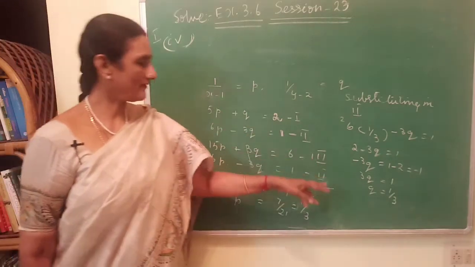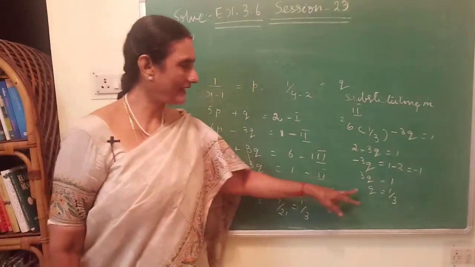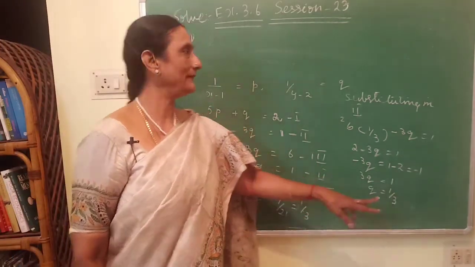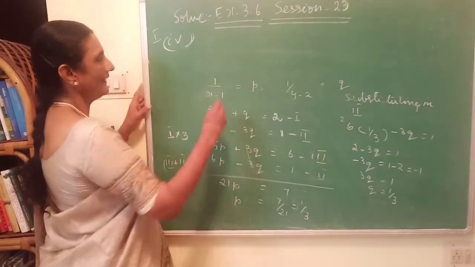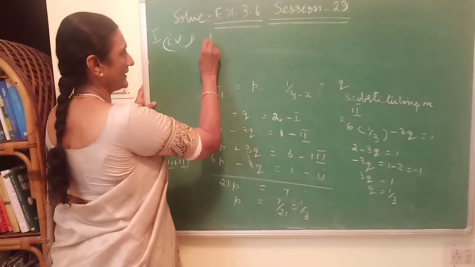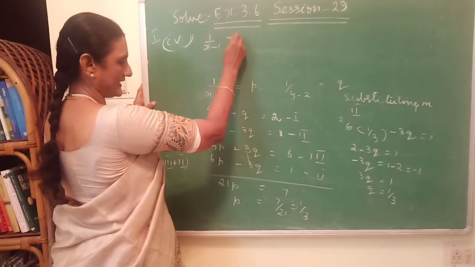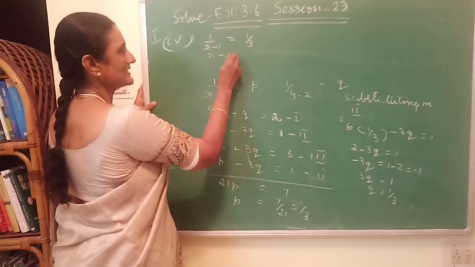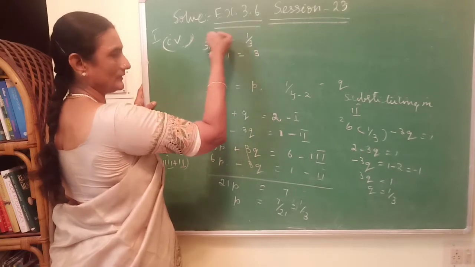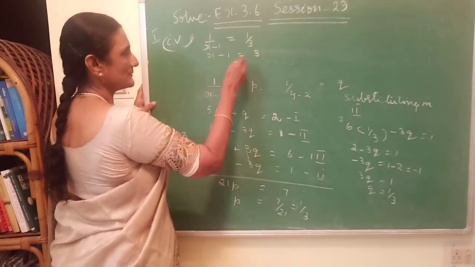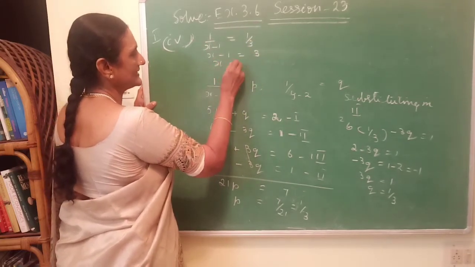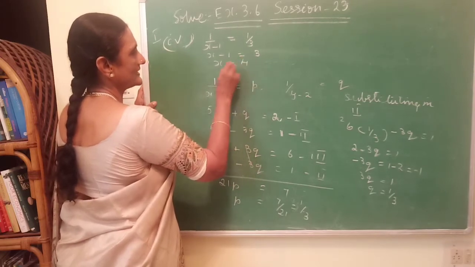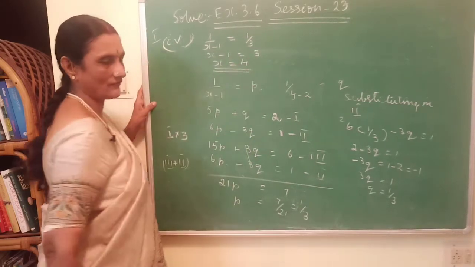Now we have got the p value to be 1 by 3 and q value is also 1 by 3. Now what is p? p is equal to, that is 1 by x minus 1 is equal to 1 by 3. Therefore, x minus 1 is equal to 3. Both the denominators must be equal. Therefore, x is equal to 3 plus 1, 4 is the solution for x.